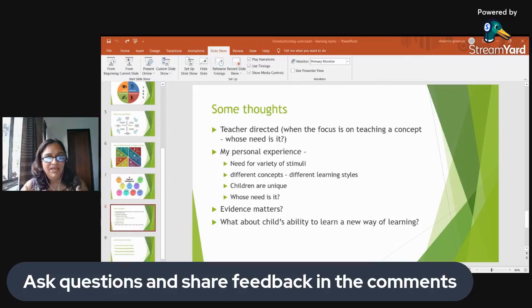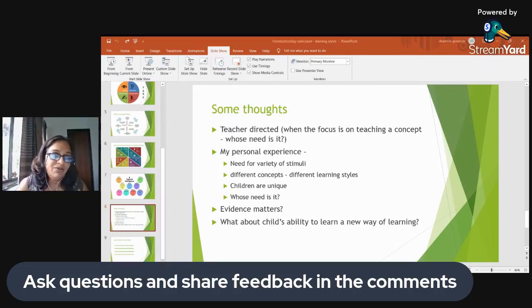So when we homeschoolers look at these theories, how important is it to look at evidence and say that we don't want our children to be among the herd, right? We believe that they are not part of the herd, they are unique, they are different.